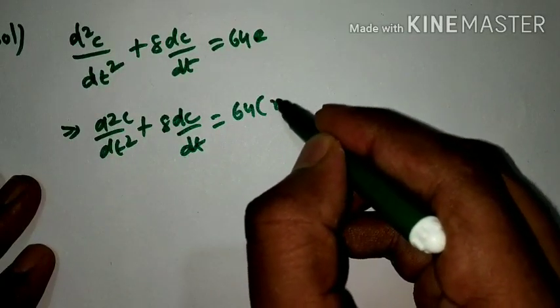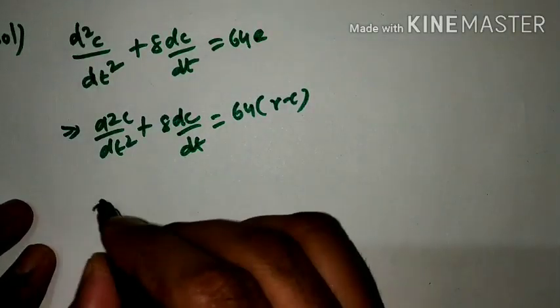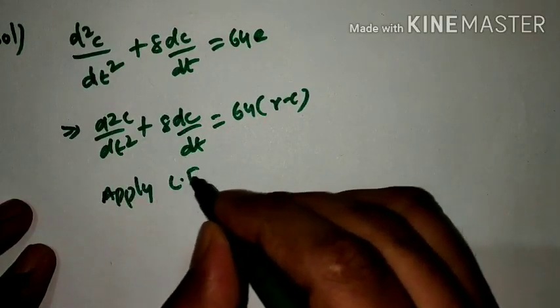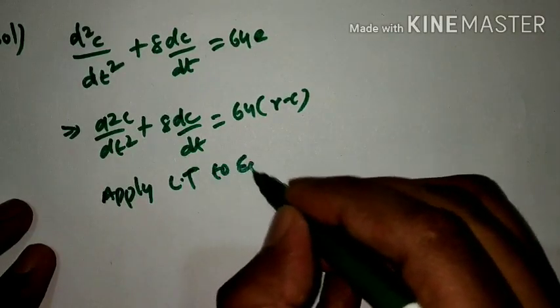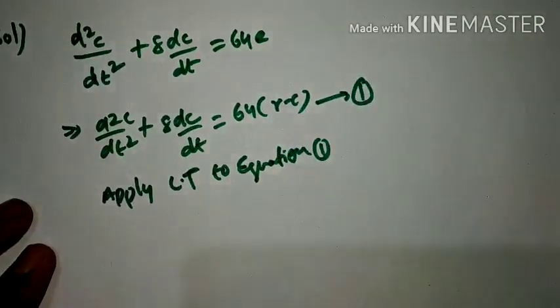E means your r minus c. Now you have to apply the Laplace transform to equation 1.